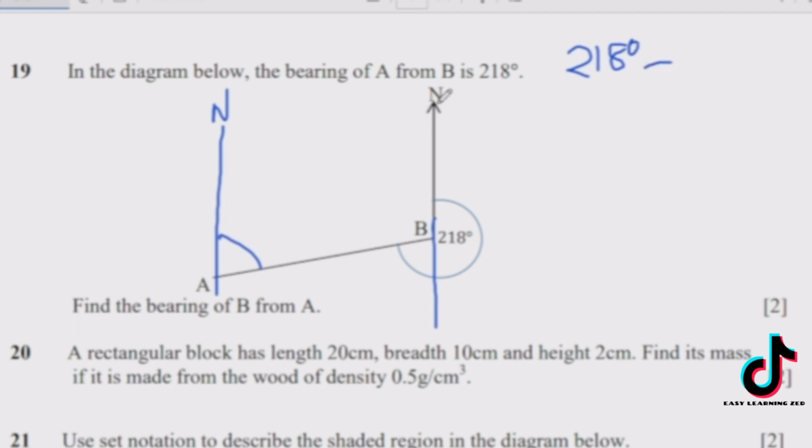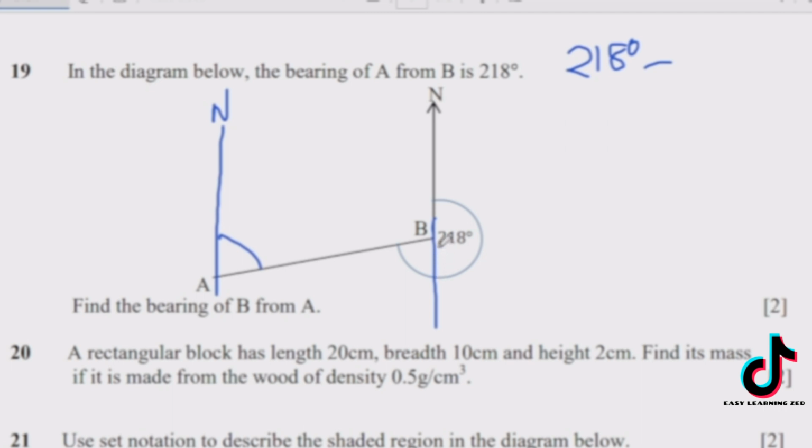Since we know that angles on a straight line add up to 180 degrees, this from here up to here is 180 degrees.